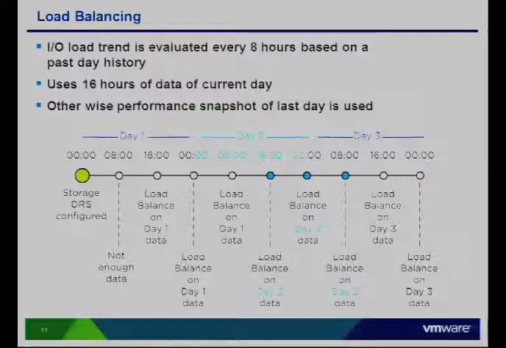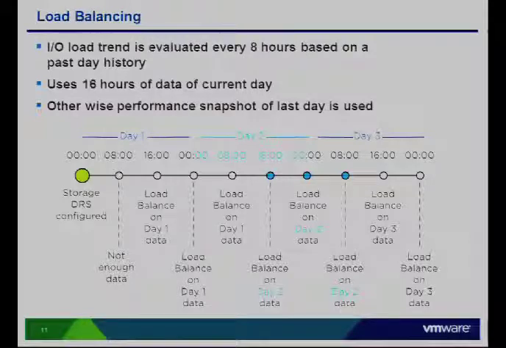So I've created this diagram. And in this situation, we started to enable Storage DRS exactly at midnight to make it a little bit easier. Now at 8 o'clock, Storage DRS doesn't have enough data because 16 hours haven't occurred yet. Now at 4 o'clock, it has enough data.